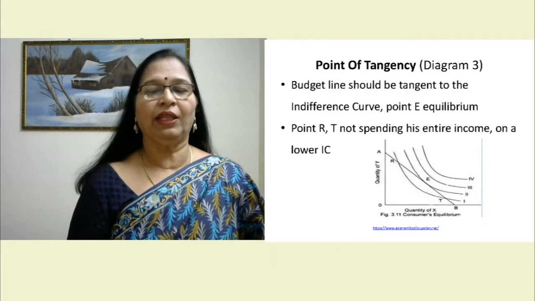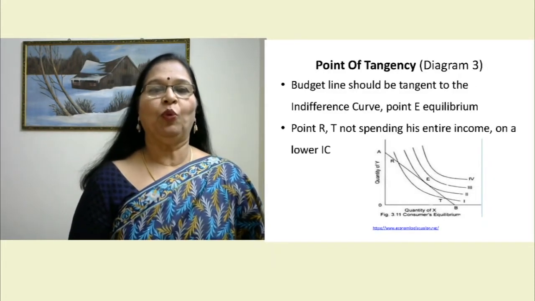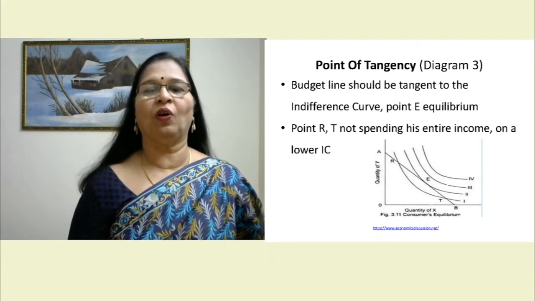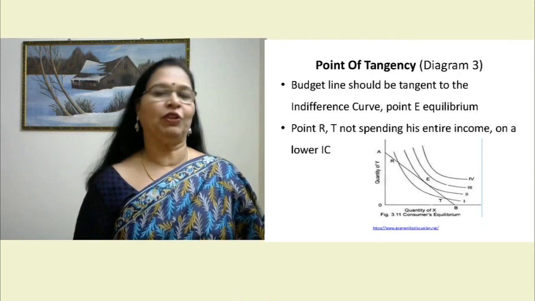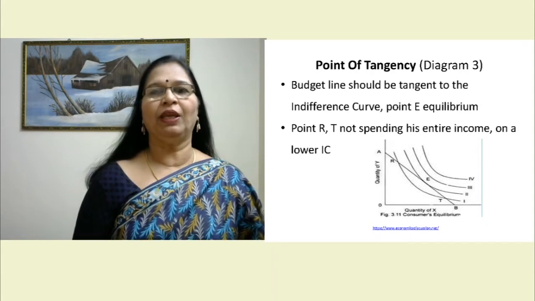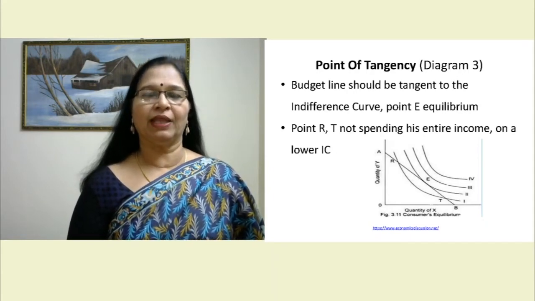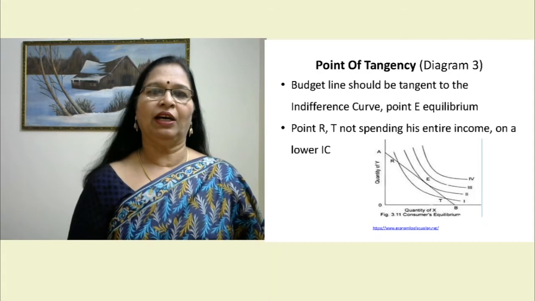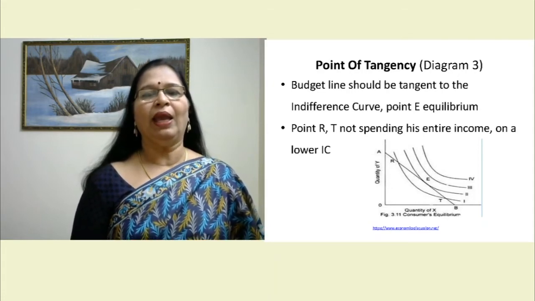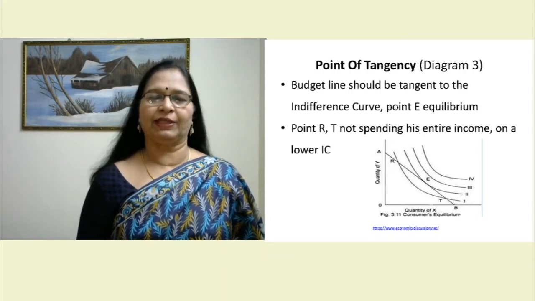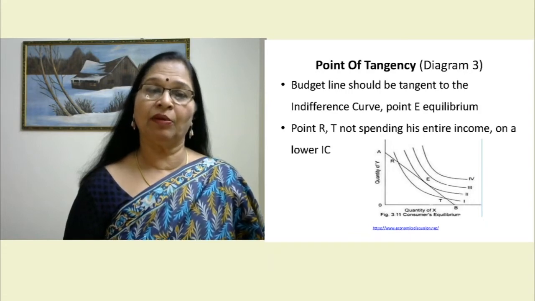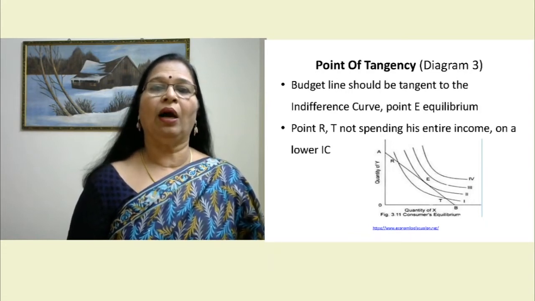So now let's look at the point of tangency. What do we see in this diagram? We have superimposed the indifference curve on a budget line which is given for the time under study. This indifference curve is said to be tangent to the price line or budget line at the point E, and the consumer would buy a certain amount of commodity Y and a certain amount of commodity X. Now, what about points like R and T?